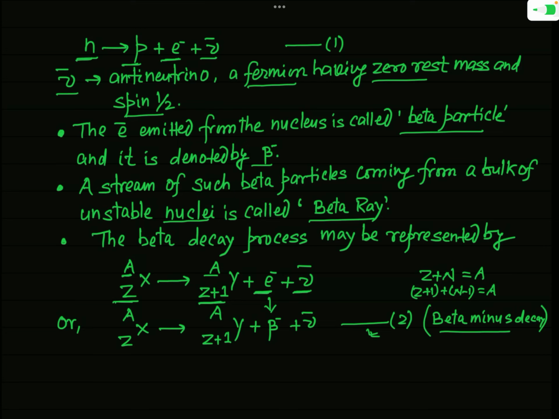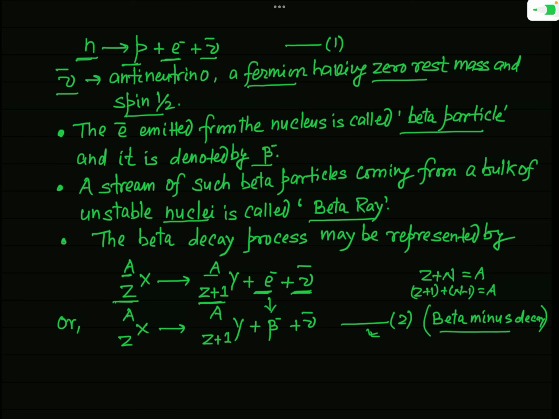So when we multiply c square with the sum of masses of all these three components, we will get the mass of the final constituents. But remember, antineutrino has no mass, its rest mass is 0.